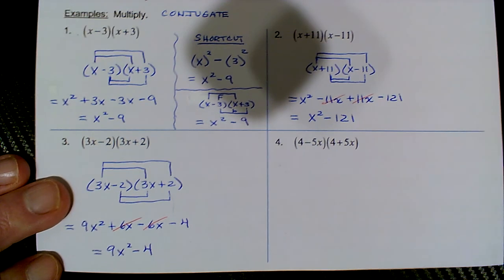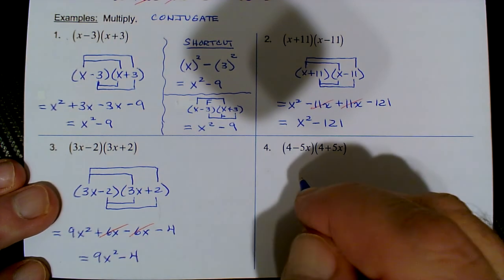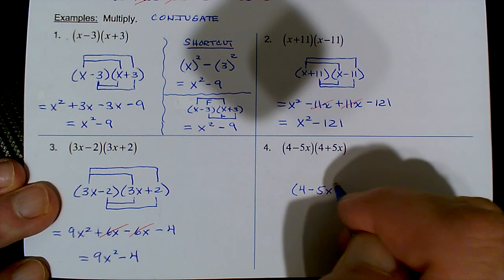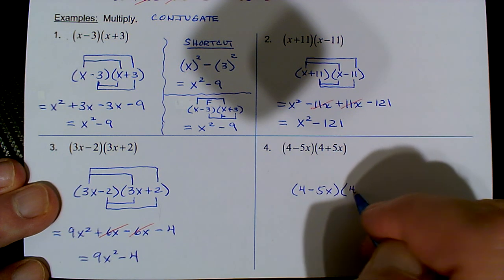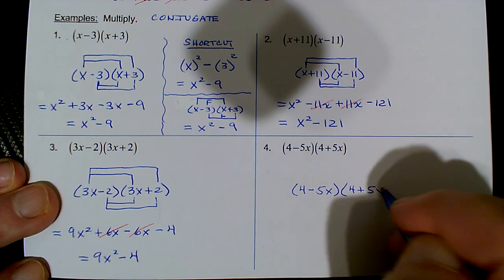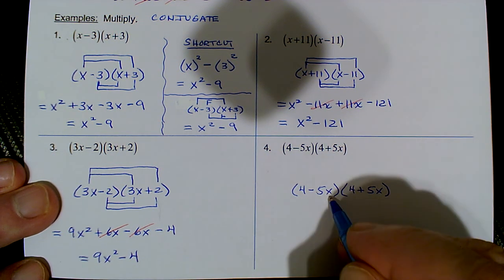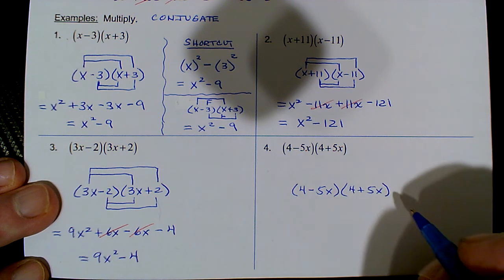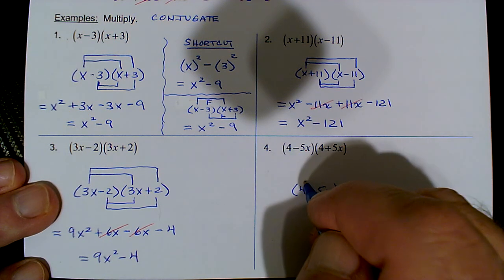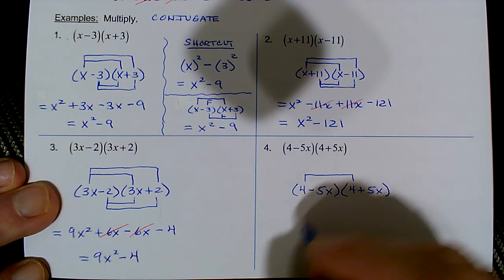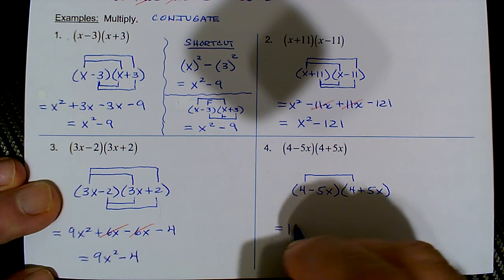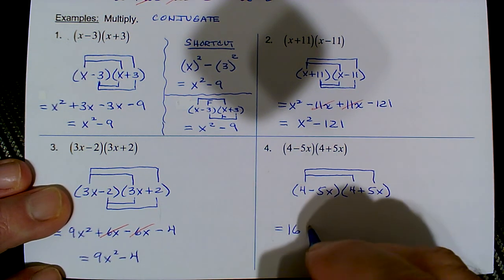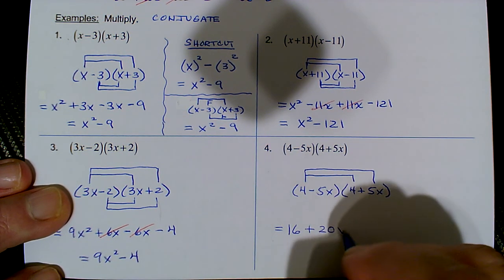Okay, and then here's one that's a little bit different. Instead of having in the binomial the x first, and then the constant, this switches it around. But really it doesn't matter, you're just going to go through FOIL, right? 4 times 4, 16. 4 times 5x, positive 20x.